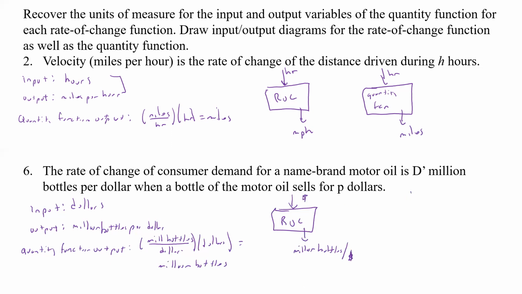Then if we come over here, and what are we going to put in? Well, we're going to put in again dollars. Make a bigger dollar sign. And we're going to go through our quantity function, and we're coming out with million bottles. Okay, so you kind of have to write out what you have, then you can draw your two functions after that.